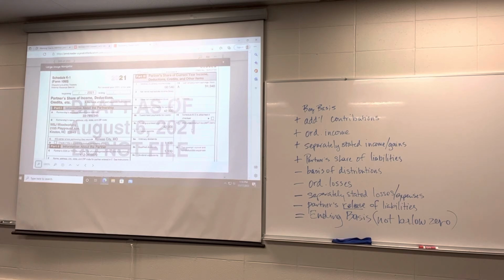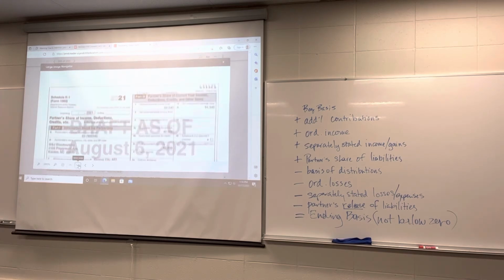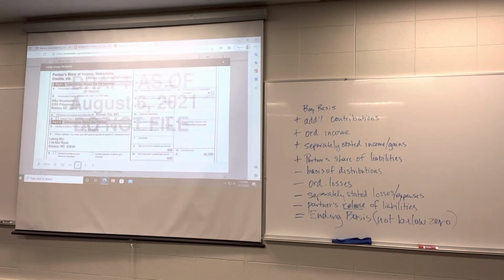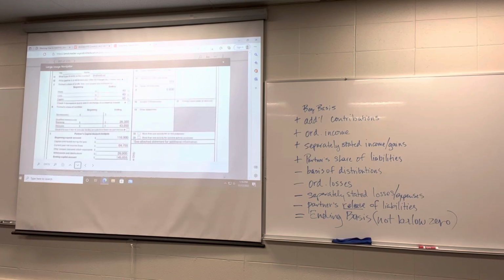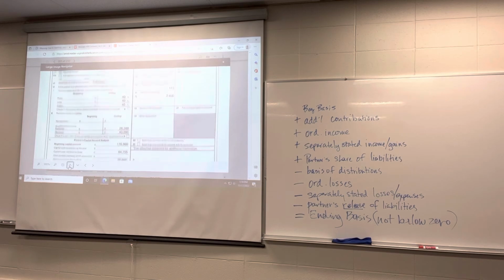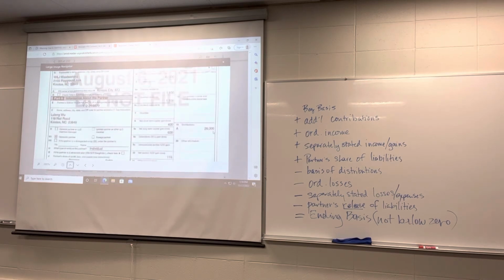So you can see the rest of this, ordinary dividends. See, it was 1,100, I guess it was 150, not 100, 105. Here's the charitable contribution that actually should be down here, not under other income. Had a distribution of 26,000.